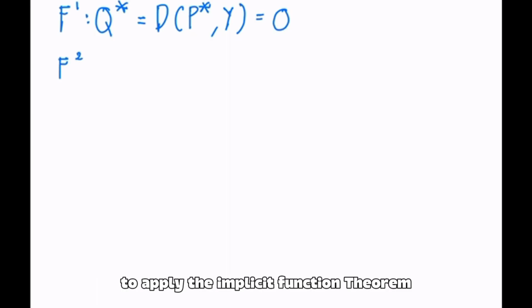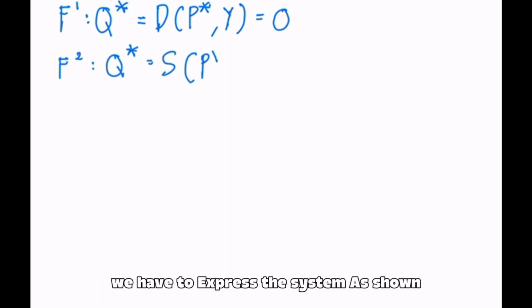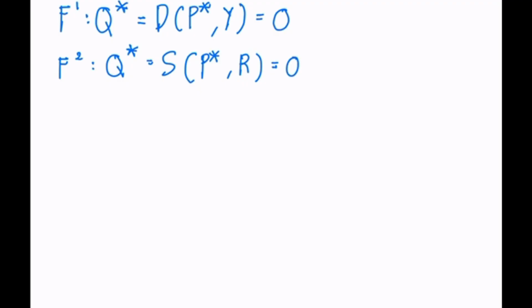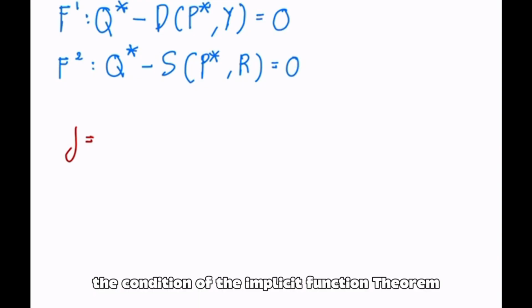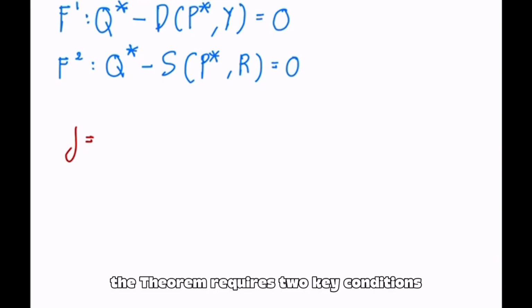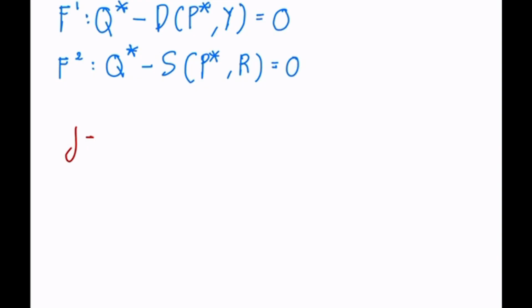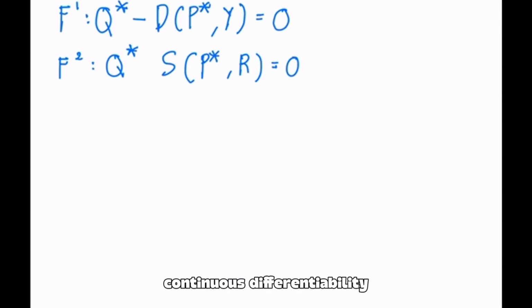Now we have to rewrite it in implicit form. To apply the implicit function theorem, we have to express the system as shown. Then we have to know the conditions of the implicit function theorem. The theorem requires two key conditions. First, continuous differentiability.